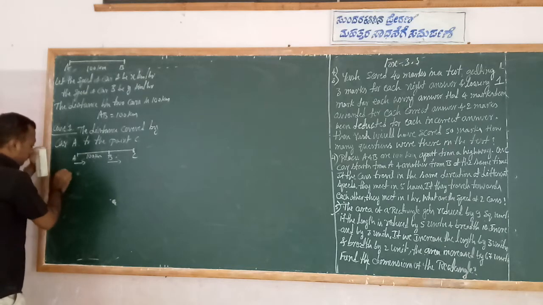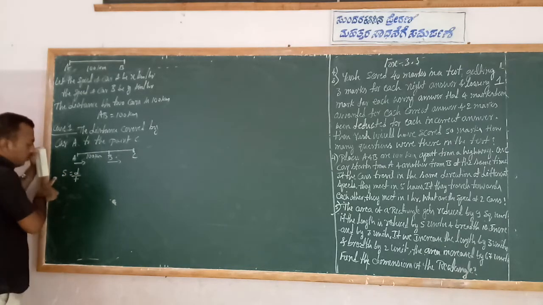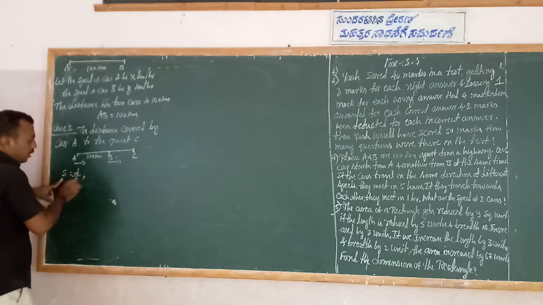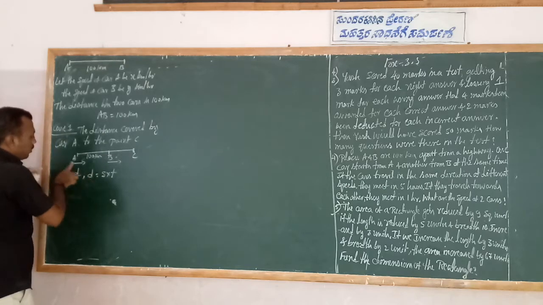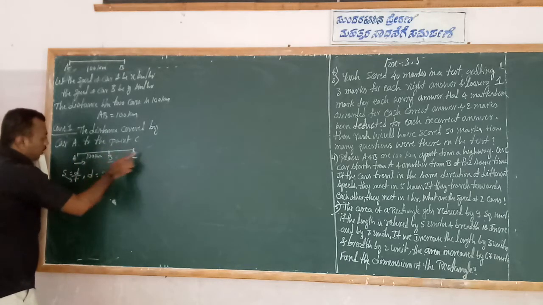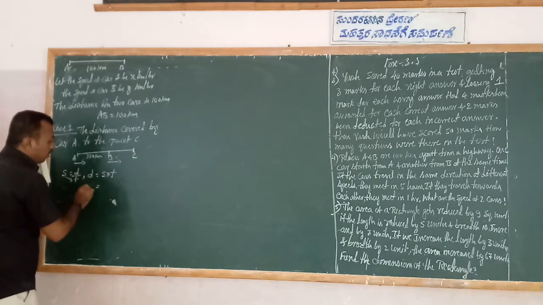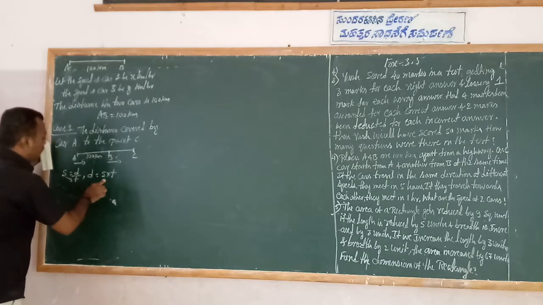See, we know that S is equal to d by t formula. Speed is equal to distance by time. Correct? So the distance we have to calculate. D is equal to, we cross multiply, S into t. What is the car A speed?